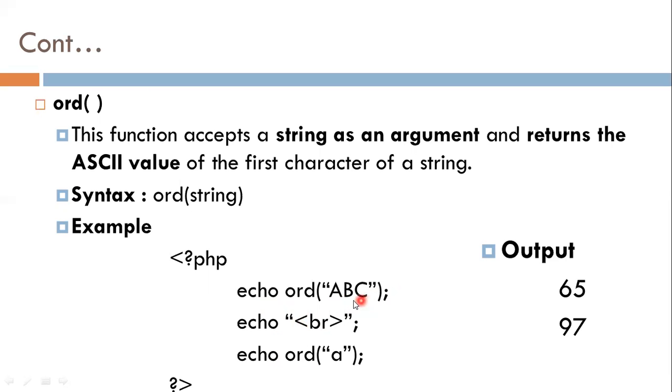Then it returns the ASCII value of the first character, which is capital A. So my output is 65. And in the second string is small a. So the ord function returns the ASCII value of small a, which means 97.